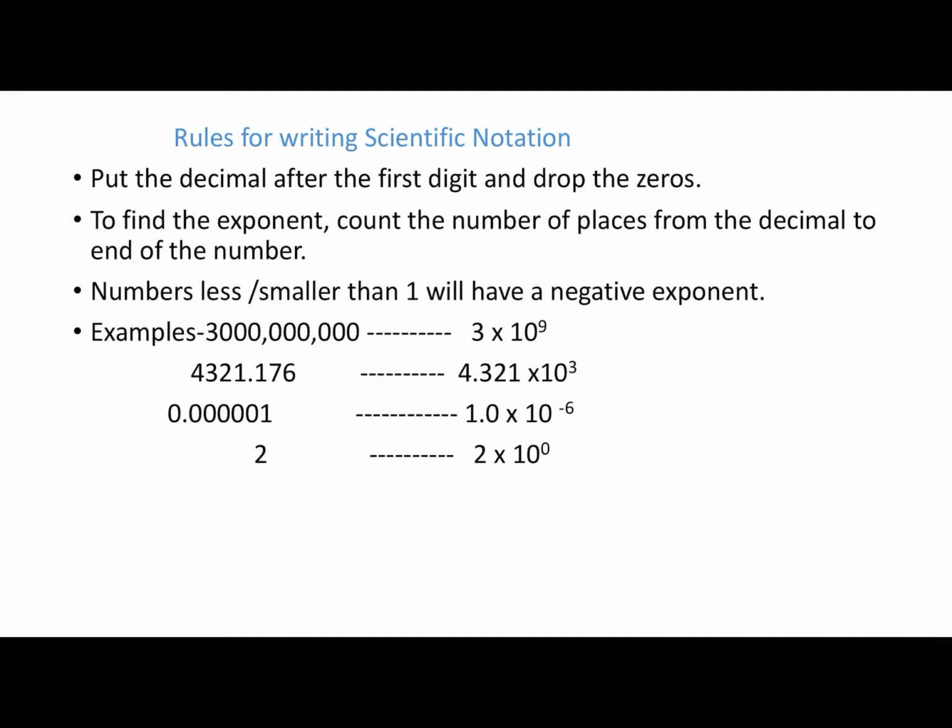First of all, put the decimal after the first digit and drop the zeros. Then to find the exponent, count the number of places from the decimal to the end of the number. When the number is 10 or greater, the decimal point moves to the left and the power of 10 is positive. When the number is smaller than 1, the decimal moves to the right, so the power of 10 is negative.